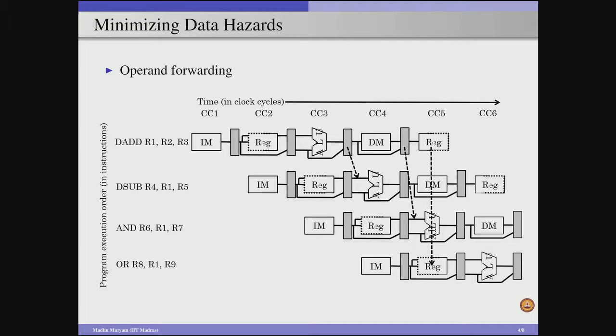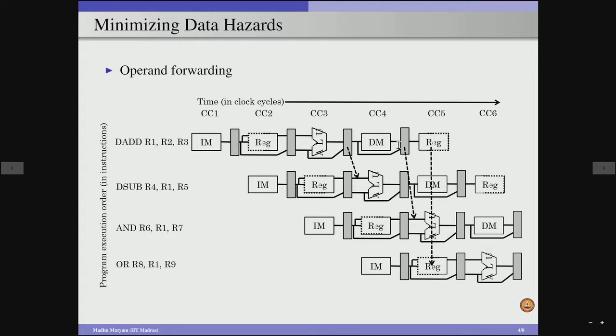As a result, we do not have to read the value in the previous cycle to supply it to the functional unit, and we can just supply the data as and when the functional unit requires it. The functional unit requires the value in cycle 5 for the AND instruction. So, we just forward the value of R1, which is not yet written to the register, but which is still there in the pipeline register associated with the stage between memory access and write back.